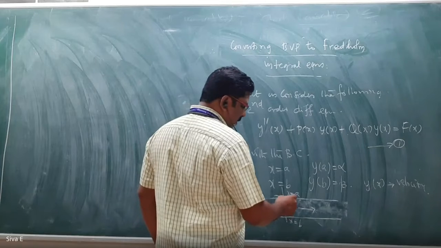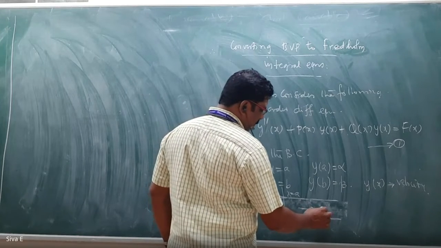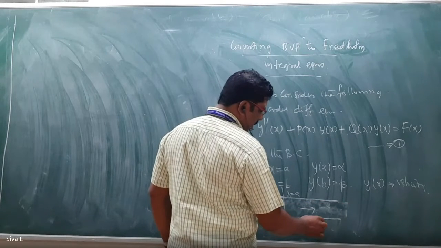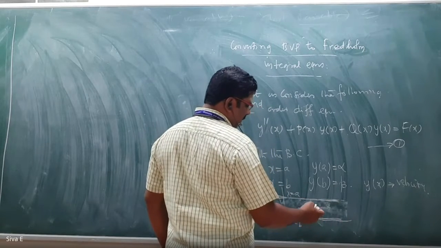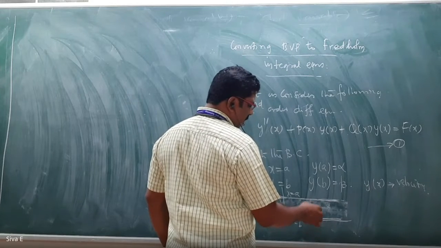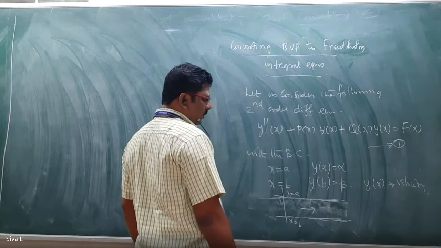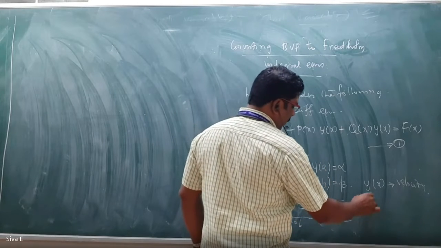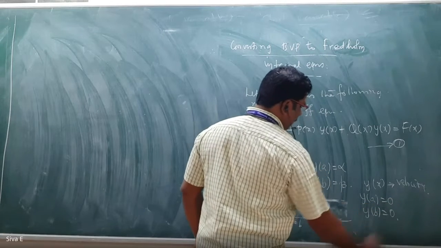Then flow may be fast here, and due to viscosity at both the walls the flow may be slow. That means if you take it approximately, at both the walls it is equal to 0. So what is the velocity at both boundaries? y of a equals 0, y of b is approximately equal to 0.